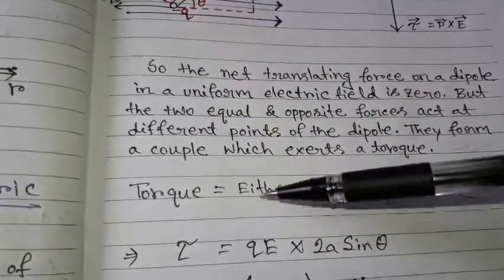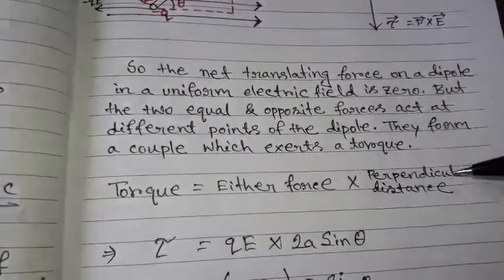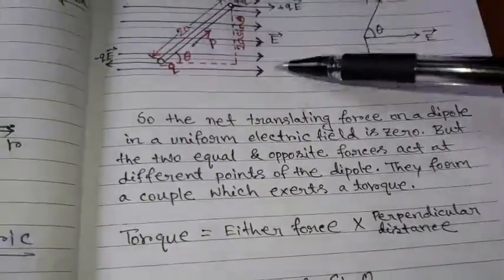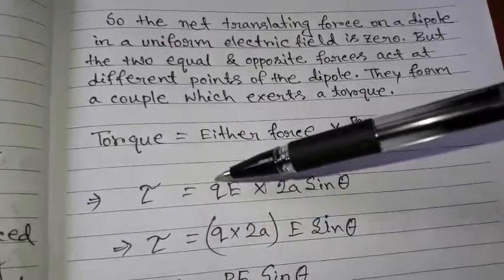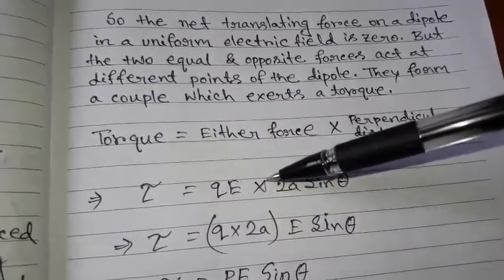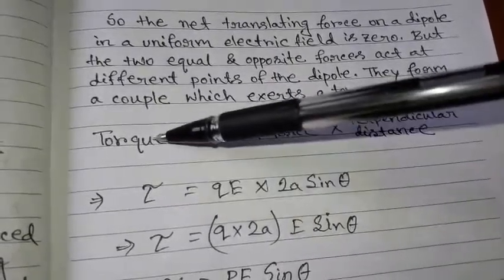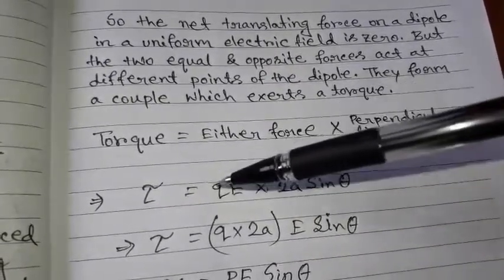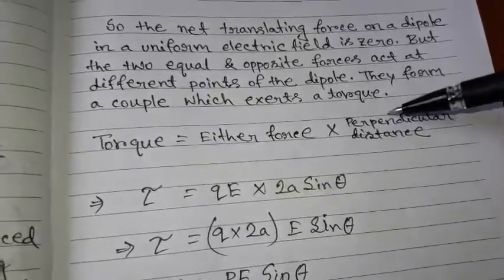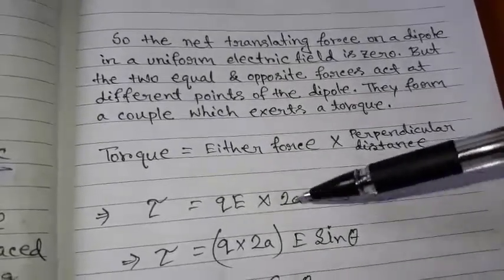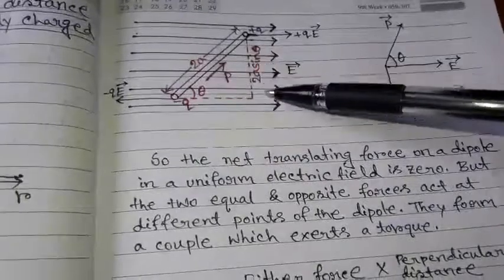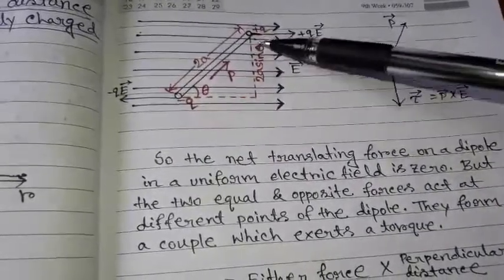Torque equals either force into the perpendicular distance between the forces. Tau equals q into E into 2a sine theta. Tau represents the torque. Either force magnitude is q into E, and the perpendicular distance between the forces is 2a sin theta. As we see in the diagram, the perpendicular distance between these two forces is 2a sin theta.